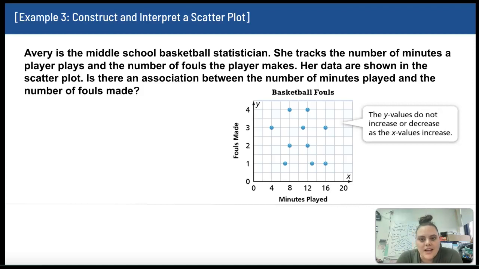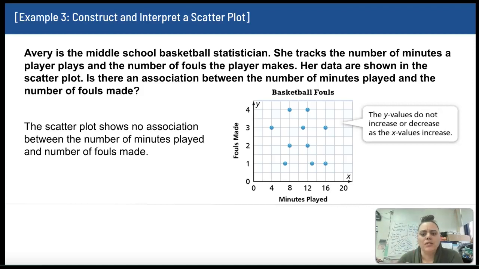It doesn't look like there's any real association. So this scatter plot has no association between the number of minutes played and the number of fouls made. This allows us to say that the number of fouls is not connected in any way to the amount of time played. So you're not going to say that someone's going to foul more just because they play more.